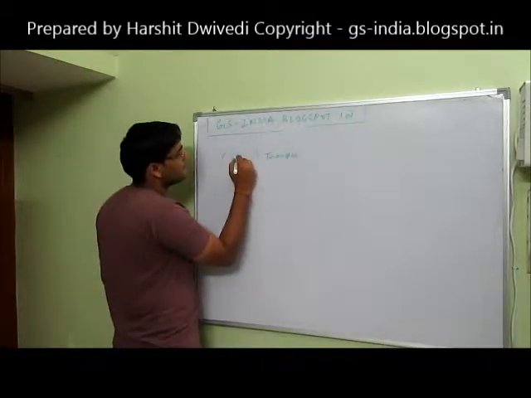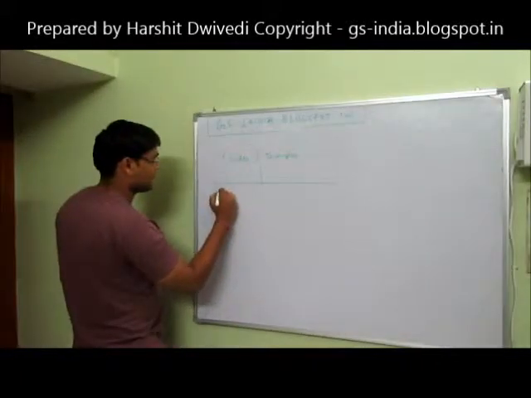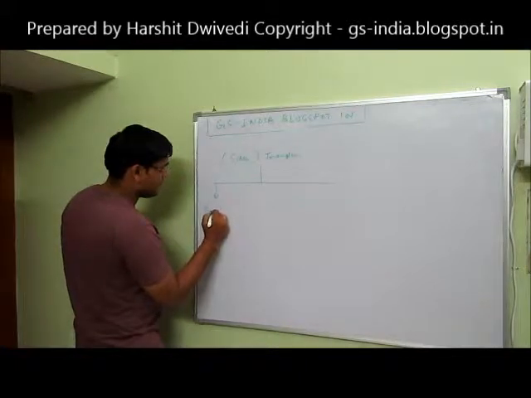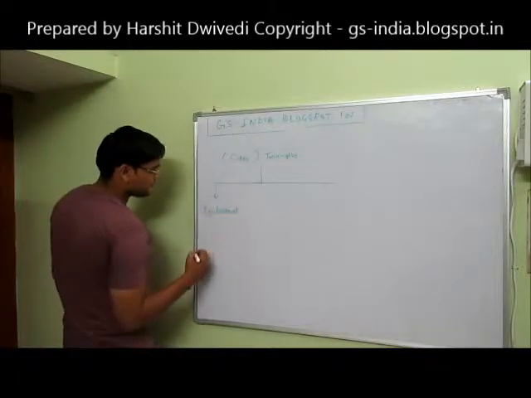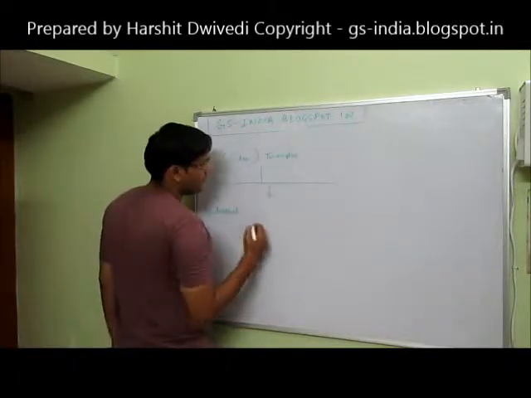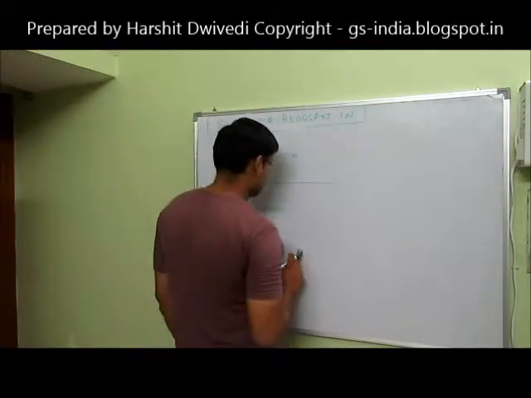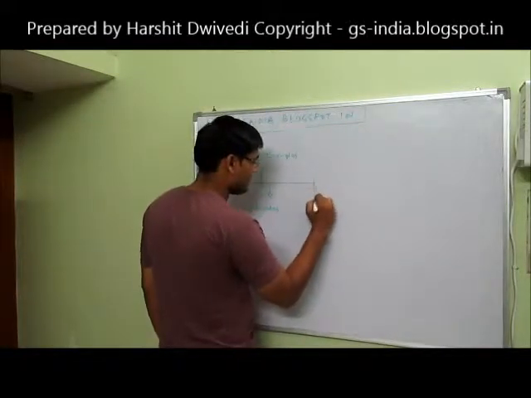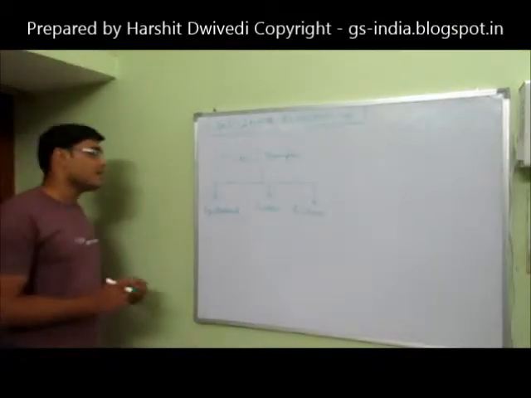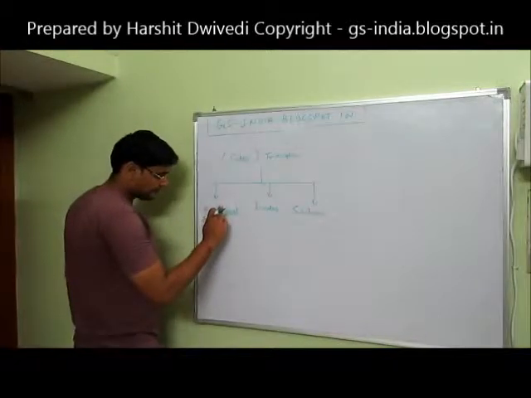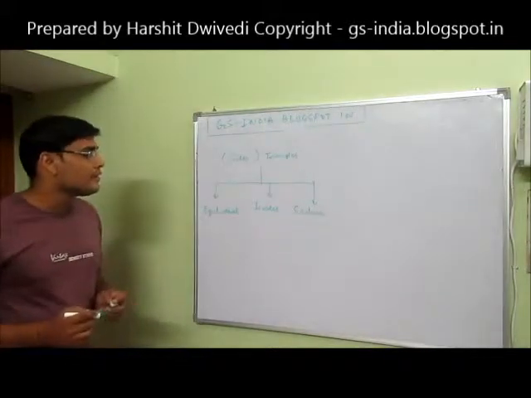Classification of triangles on the basis of sides. These are the 3 types of triangle: equilateral triangle, isosceles triangle.